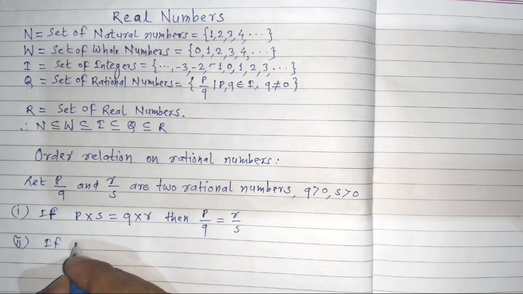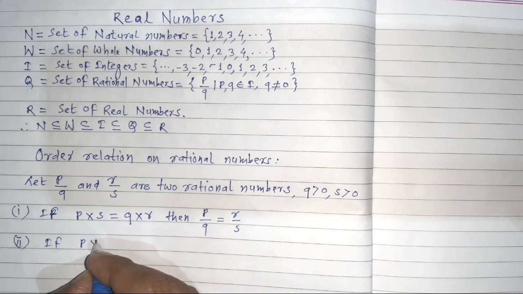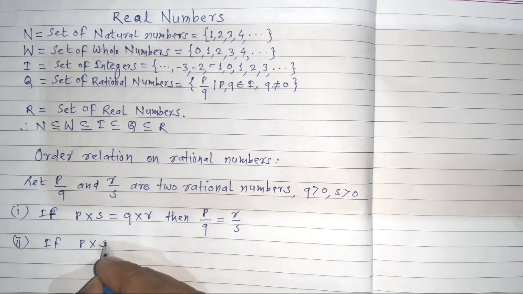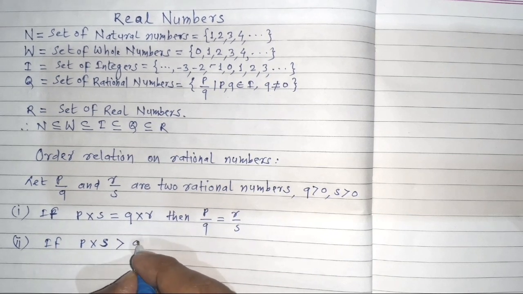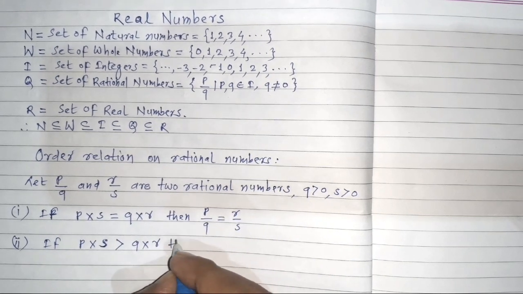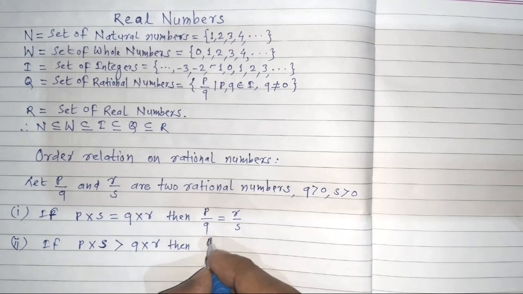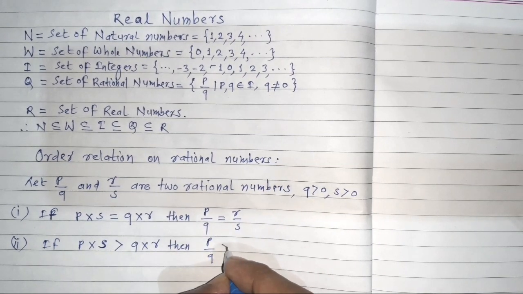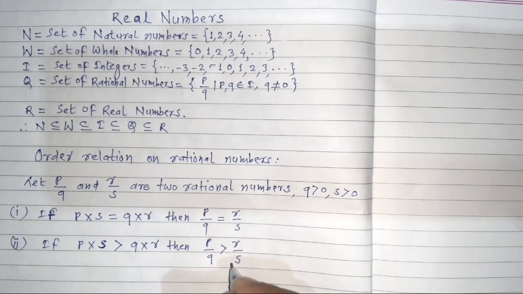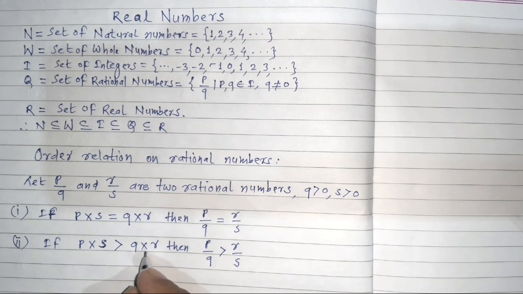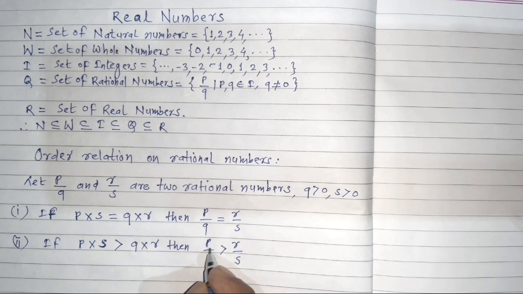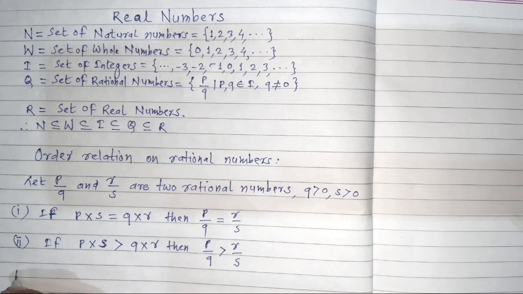Second, we see the second order relation. If the product of P and S is greater than the product of Q and R, then we say that P upon Q is greater than R upon S. Let us see the third order relation.